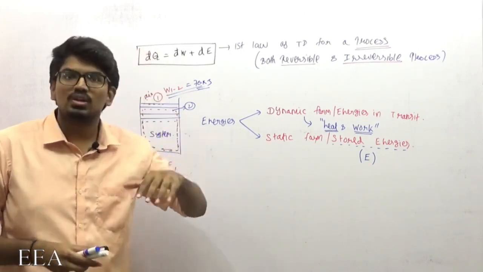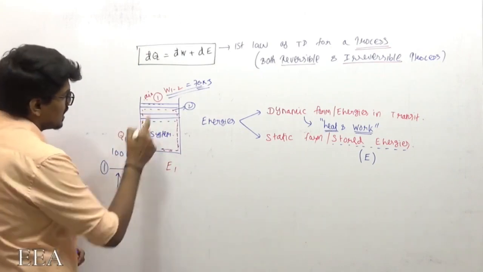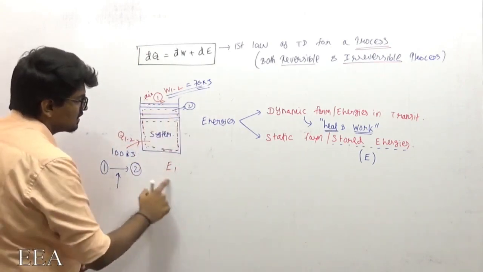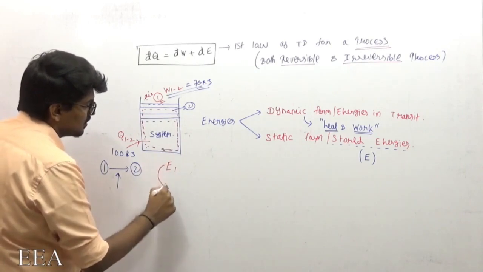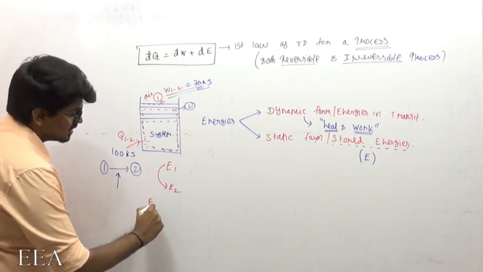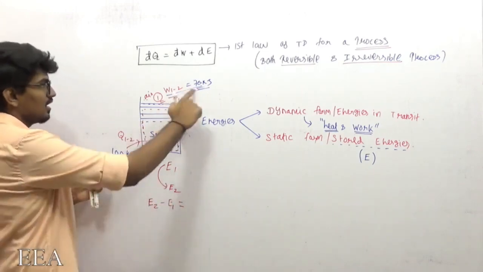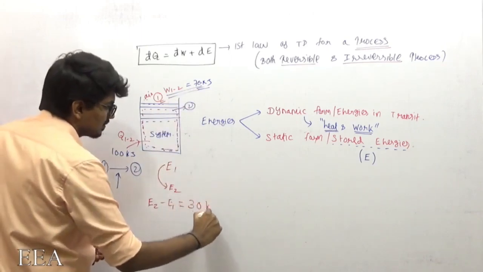Initially at state 1 the stored energy is E1, right? Now it will be increased to E2. This increase in stored form of energy will be nothing but 100 minus 70, that is going to be 30.